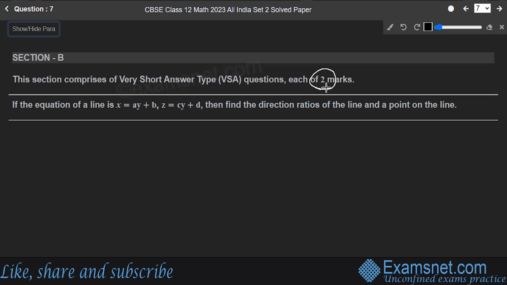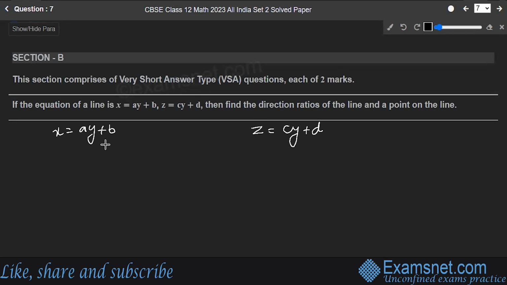Okay. Fine. It says if the equation of the line is x equal to ay plus b, z equal to cy plus d, then find the direction ratios of the line and a point on the line. You are given that x is equal to ay plus b and z is equal to cy plus d.